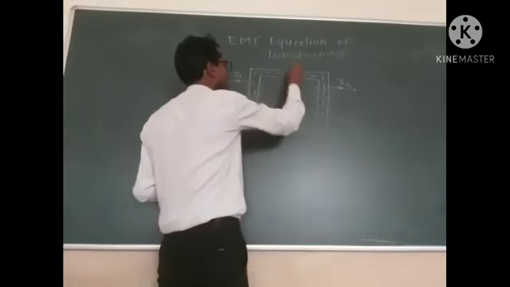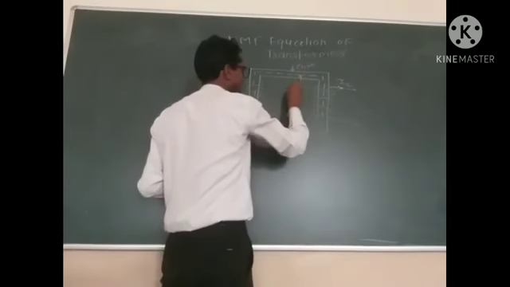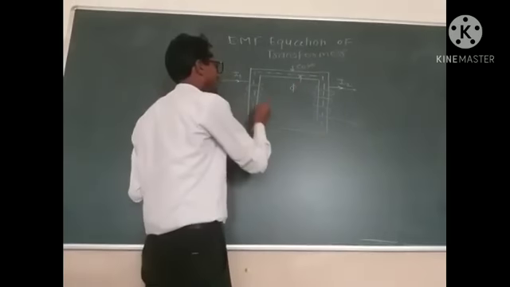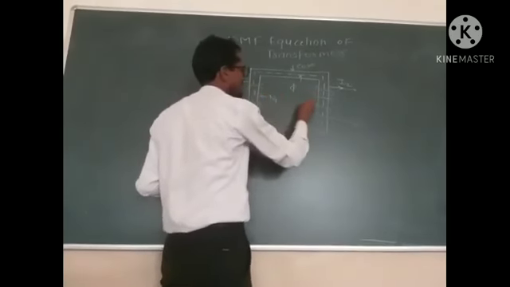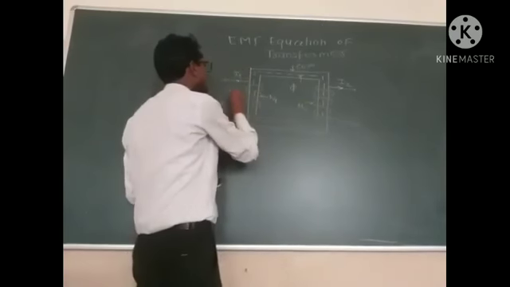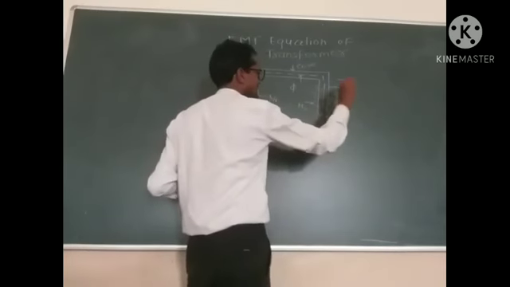This is the core. These are the magnetic fluxes denoted by phi. These turns are N1, these turns are N2. EMF induced in primary is E1, EMF induced in secondary is E2.